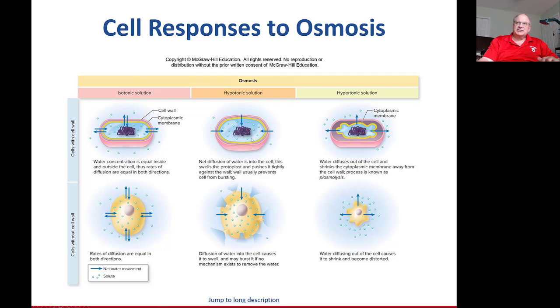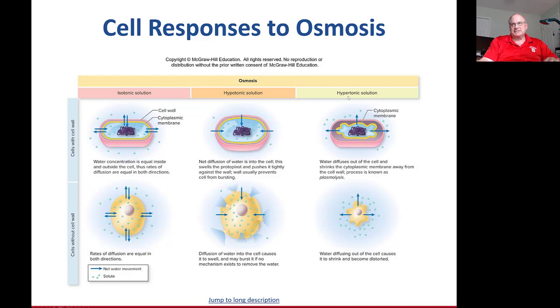So what's going to try to occur here is to get an equal balance of the water pressure, the same amount of water and spacing between the two, and eventually the cell will burst.